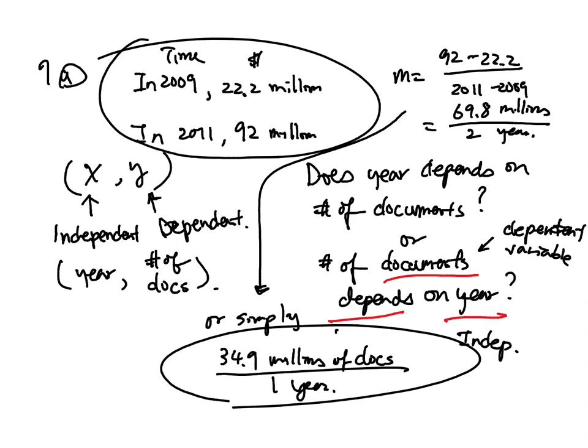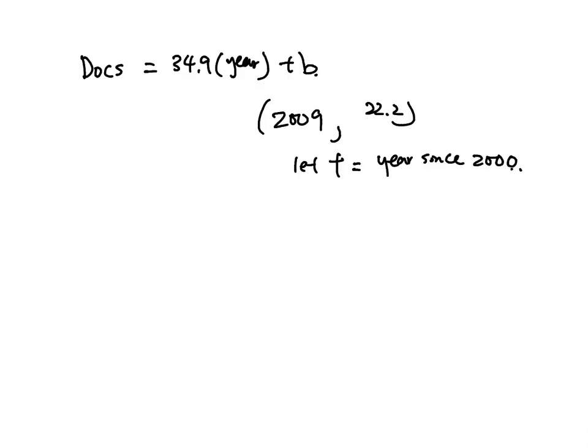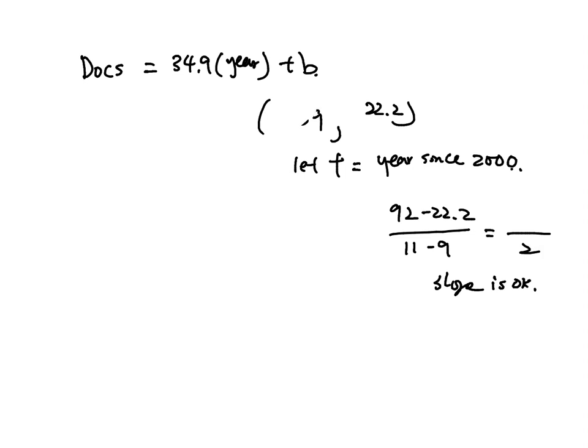Because if you use 11 minus 9, our slope will be 92 minus 22.2 over 11 minus 9. So you still get a 2 on the bottom. So slope is the same. But when we plug into the equation, we need to make sure that this is 9.